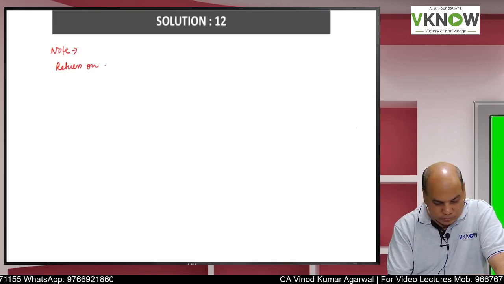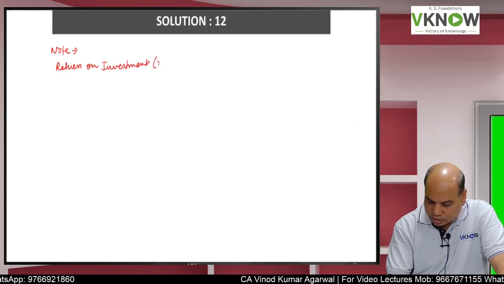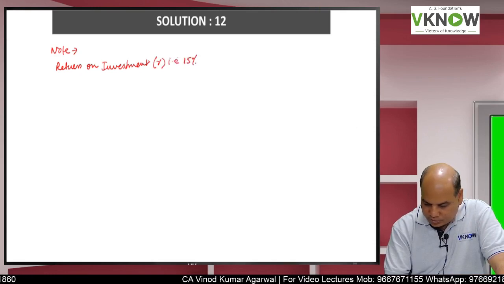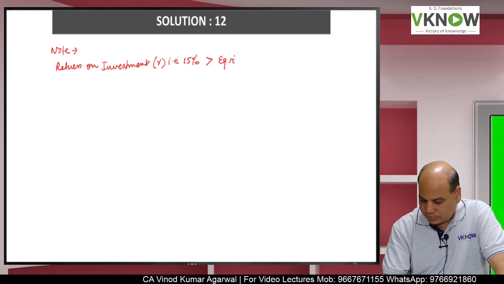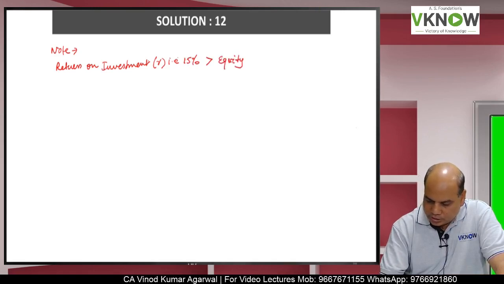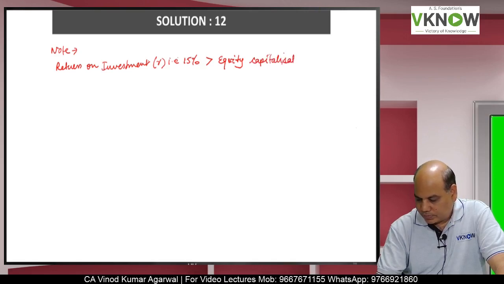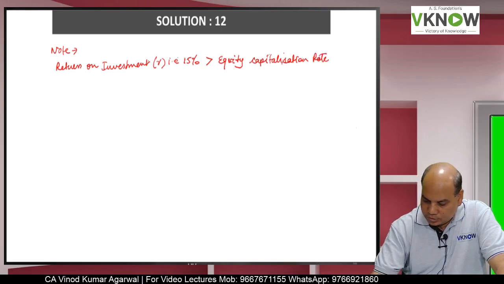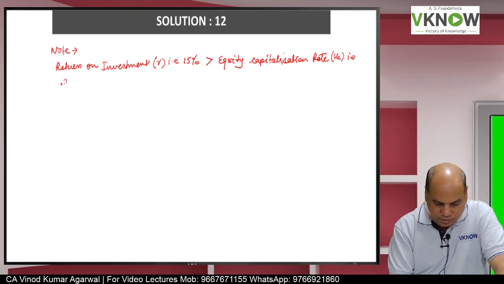Return on investment, in bracket R, that is 15%, is greater than equity capitalization rate, in bracket K, and that is 12%, correct?